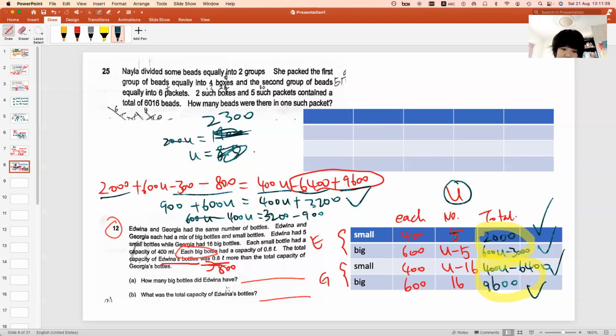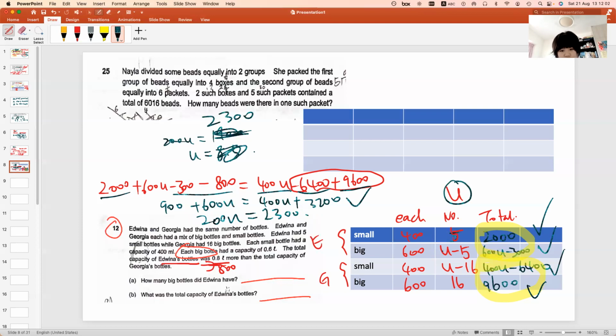Okay, so far so good. So this is 200U, no problem. And this is 3200 minus 230. Okay, something is not right.